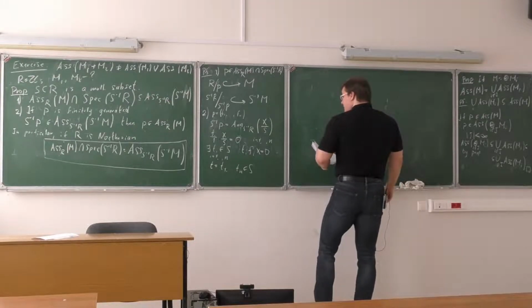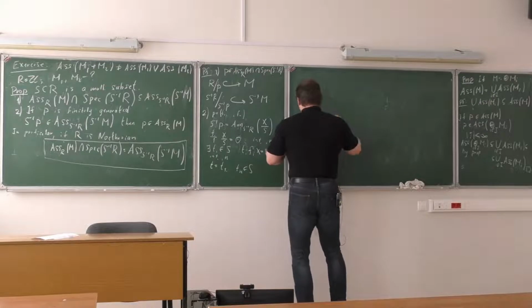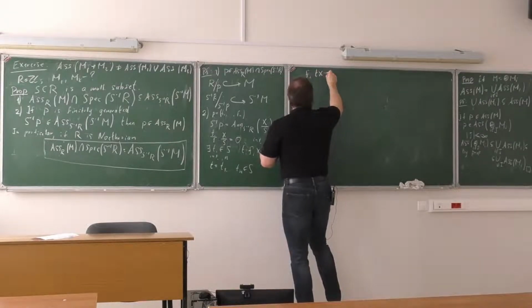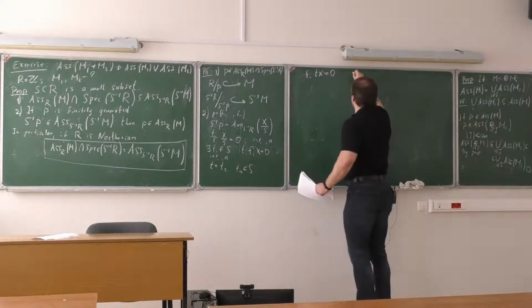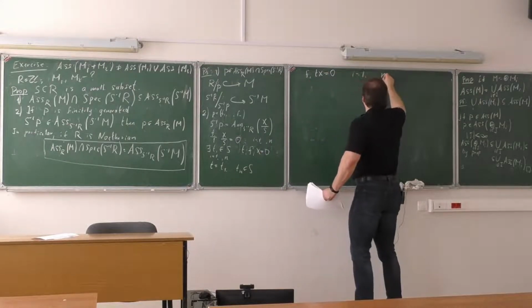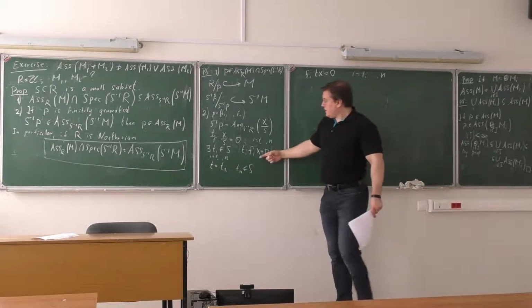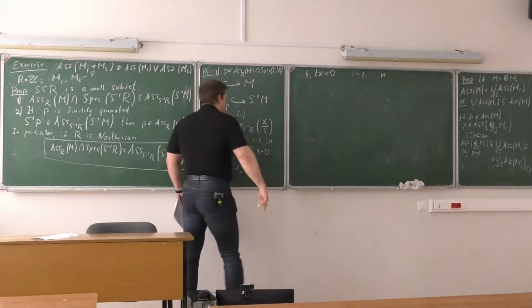So what can I say now? I can say that if I consider the product f_i t x, then this is 0, again, for any i between 1 and n. So all such products are 0. If I multiply by other t's, it still will be 0.